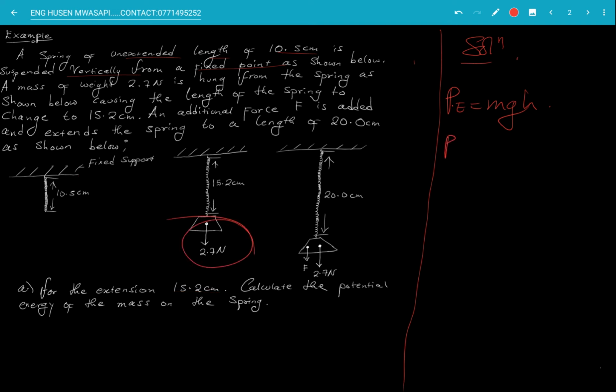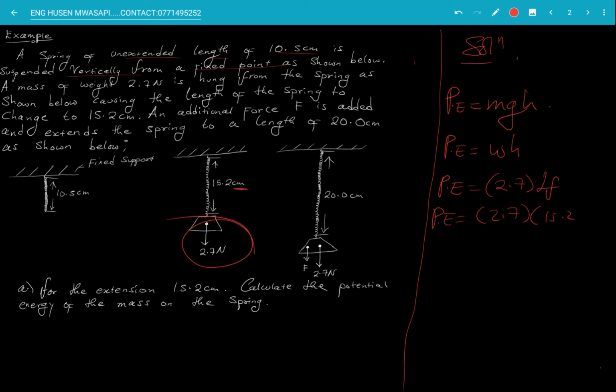So we know that potential energy can also be equivalent to the weight times the height, because the weight is a type of force. So potential energy is equal to the force, which is 2.7, times the height. Now the height will be considered to be the extension that we have, which is length final. So potential energy is equal to 2.7 times length final, which is 15.2.